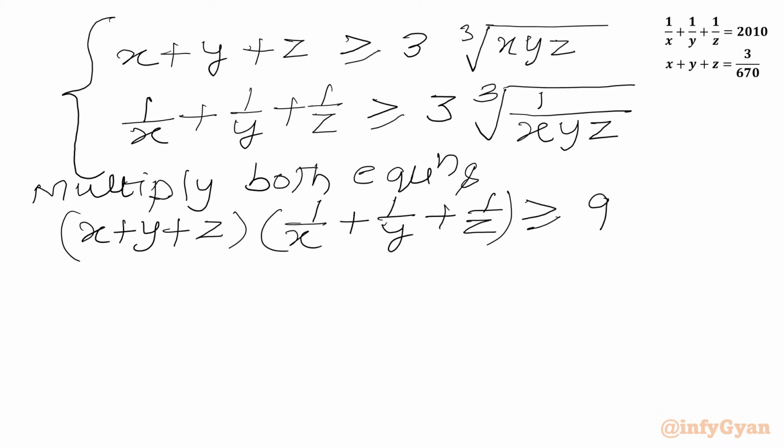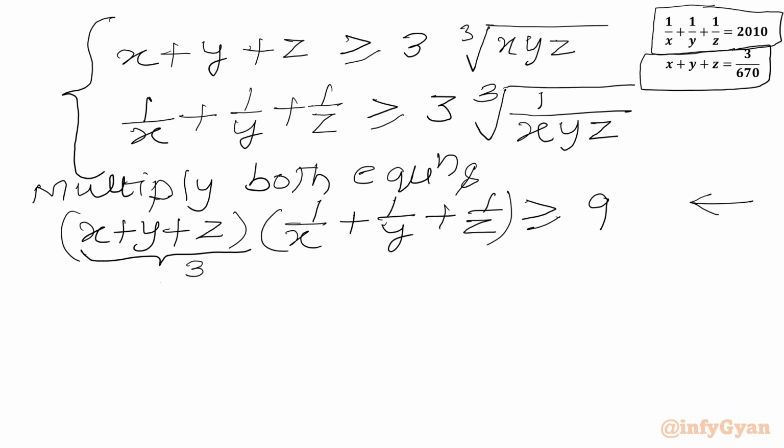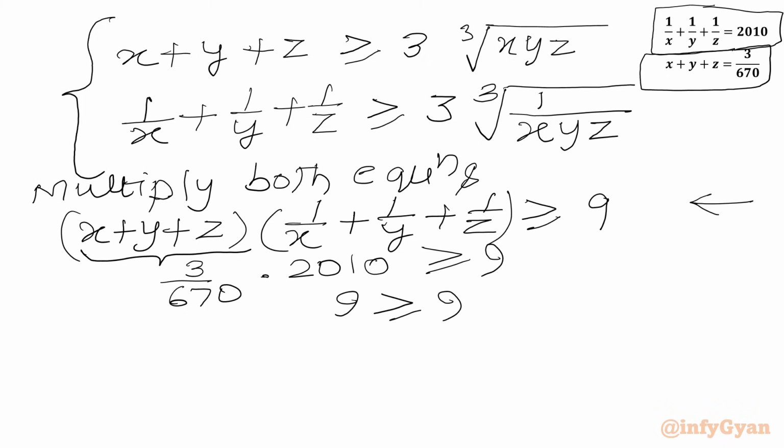Now this is same as method number 1. Now I will plug in x plus y plus z, 3 over 670, and 1 over x plus 1 over y plus 1 over z, 2010. So let me write here 3 over 670 times 2010. This should be greater than or equal to 9. We'll get 9 greater than or equal to 9. So equality holds true.